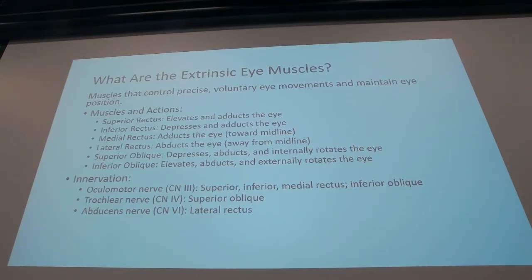The actions are the following. Superior oblique helps us to look up. Inferior oblique helps us to look down. Rectuses, not oblique. Superior rectus helps us to look up. Inferior rectus, look down. Lateral rectus to look to the sides. Medial rectus to look medially.